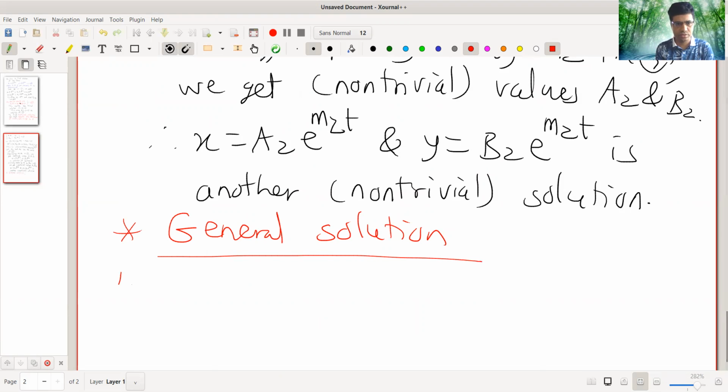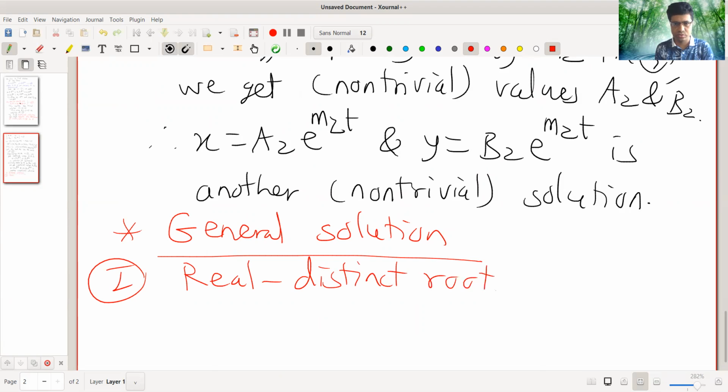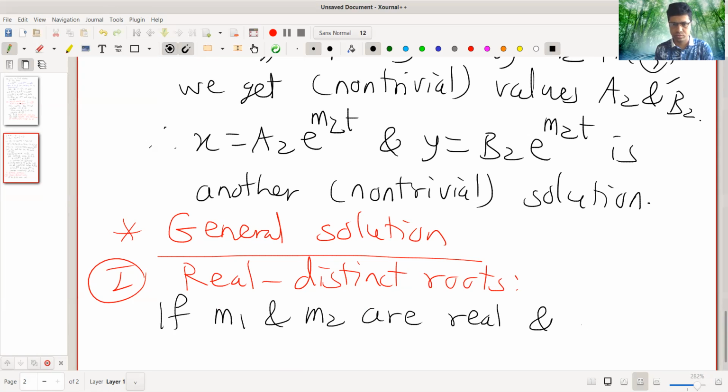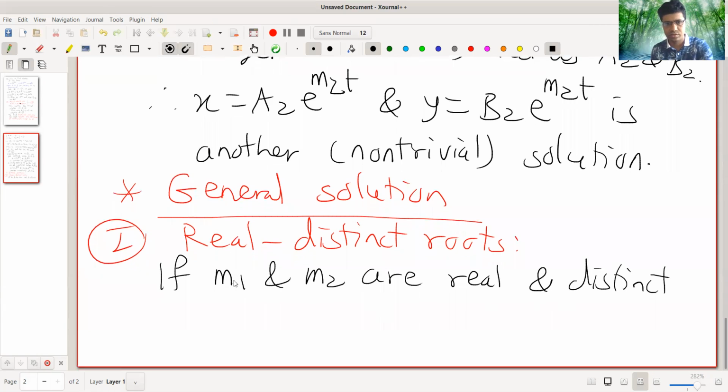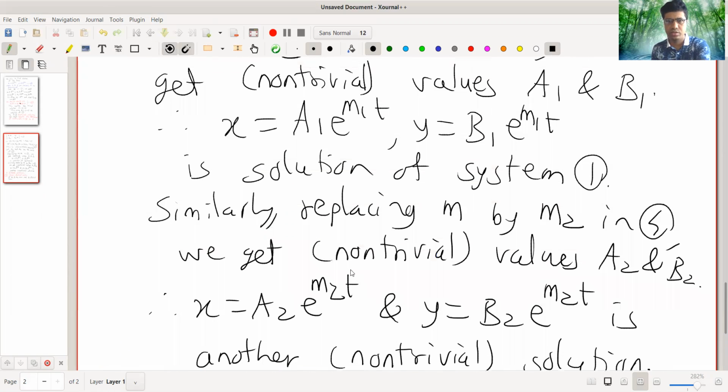So, general solution. First case is real distinct roots. So, first case is m1 and m2 are real and distinct. Then these two are independent solutions.